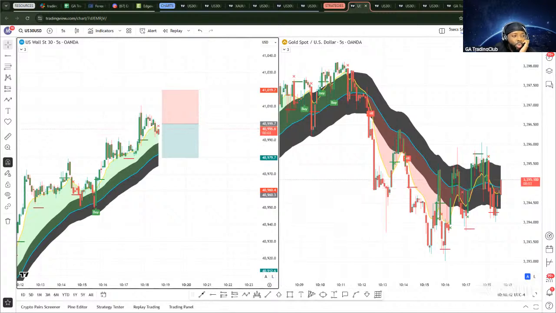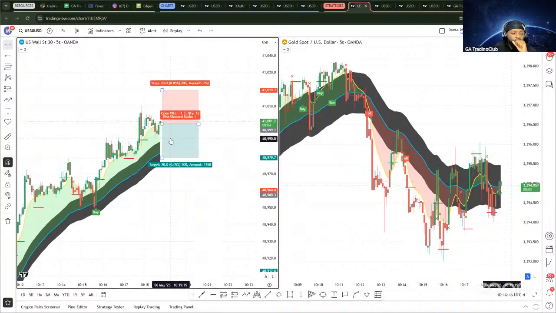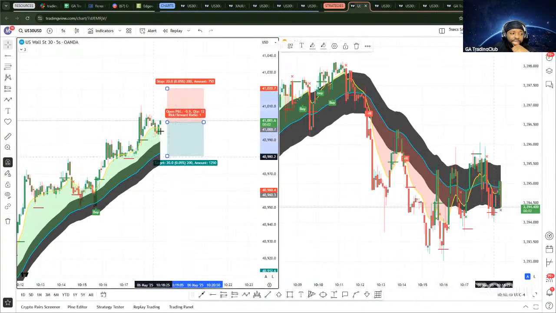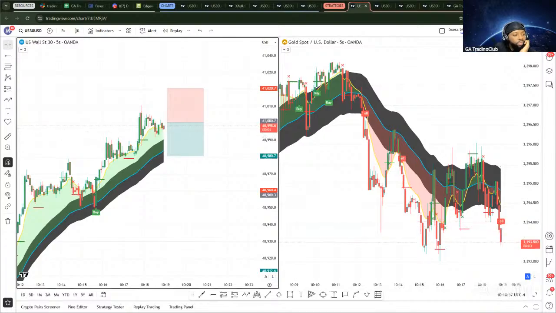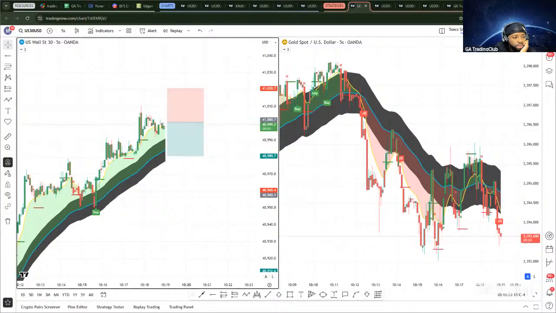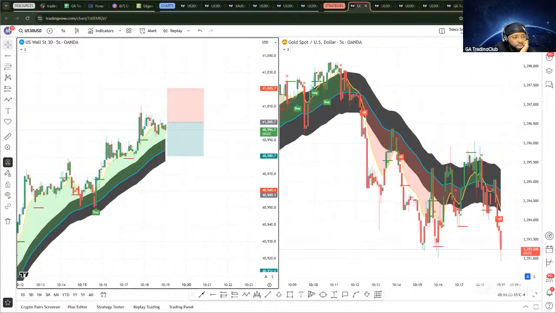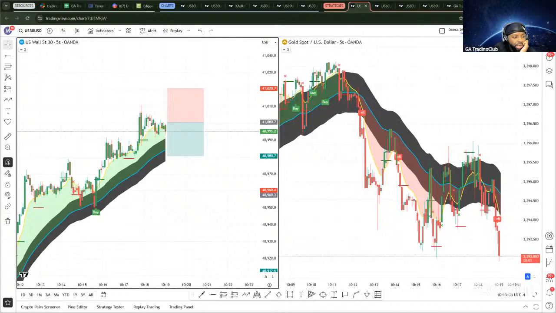There it is. So we need the candle to close, and we need to make sure that the red X is still there. So you can see it tried to form, but it did not. So we need the red X to form with a candle closure. Might be somewhere here.